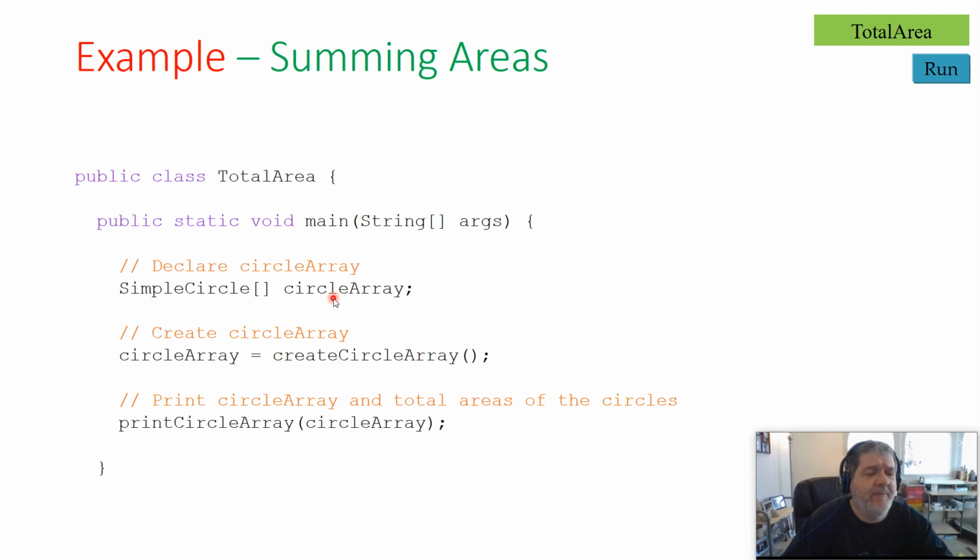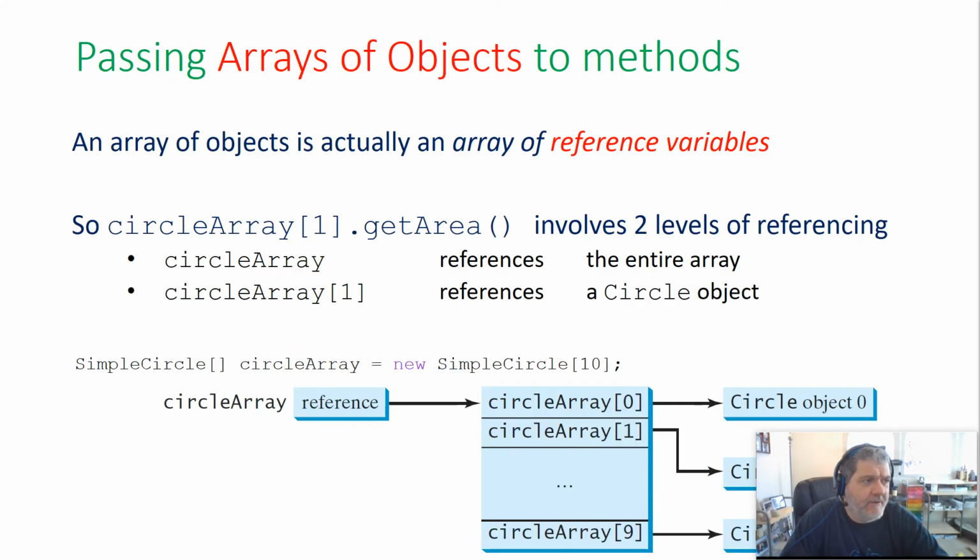The first step is I want one reference variable named circle array that is meant to hold a reference to an array of objects of class simple circle. When I execute this line, what do I have in memory? If I go back to the previous slide, there we go. Only this. There's no array object that has been created. There are no simple circle objects that have been created.